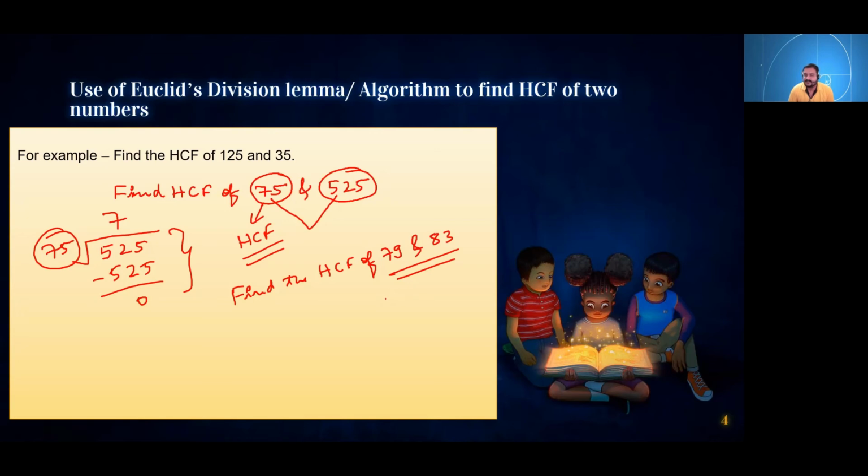Okay, 1 is the HCF. Why is 1 the HCF here? Can you tell me the reason? Both are prime numbers, correct. And for prime numbers, there is no common factor except 1. So that's why the HCF for 79 and 83 is 1.